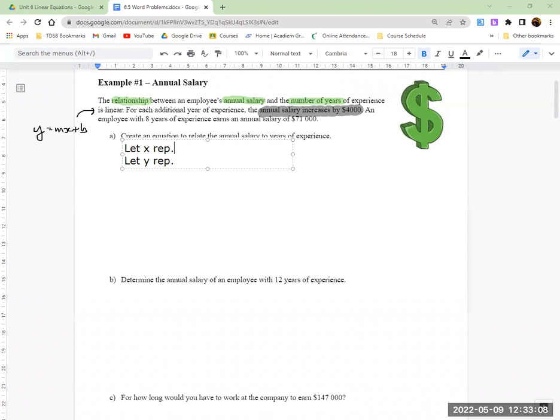Does the salary change the number of years, or do the years change the salary? You have to figure that out first. So X represents the years. That's the independent variable, years of experience. Why? Because if you have more of that, it will change salary in dollars. So that is dependent.